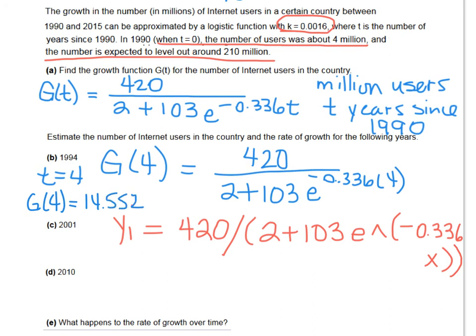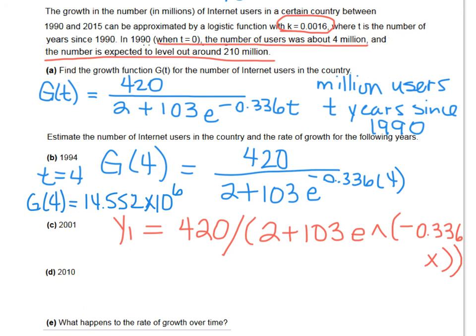And that's going to be 14.552 million, which is times 10 to the 6th, users in 1994. I'm not writing that answer out, but you should be prepared to do that on a test.